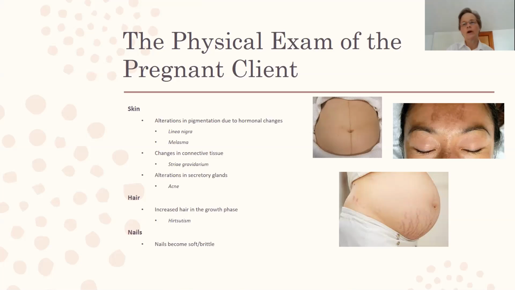What I do want you to know are some key words. I want you to know what the linea nigra is, the melasma. So the linea nigra is this first picture to your right with the line down the center of the abdomen, and the melasma is on the face. It's kind of a mask-like face. And then striae gravidarum, well, that unfortunately is stretch marks that you get from the growing abdomen.